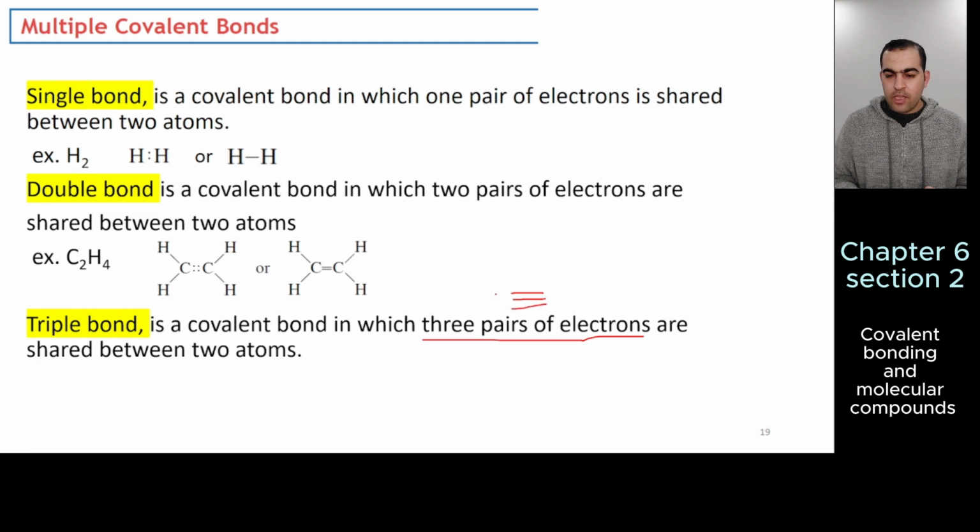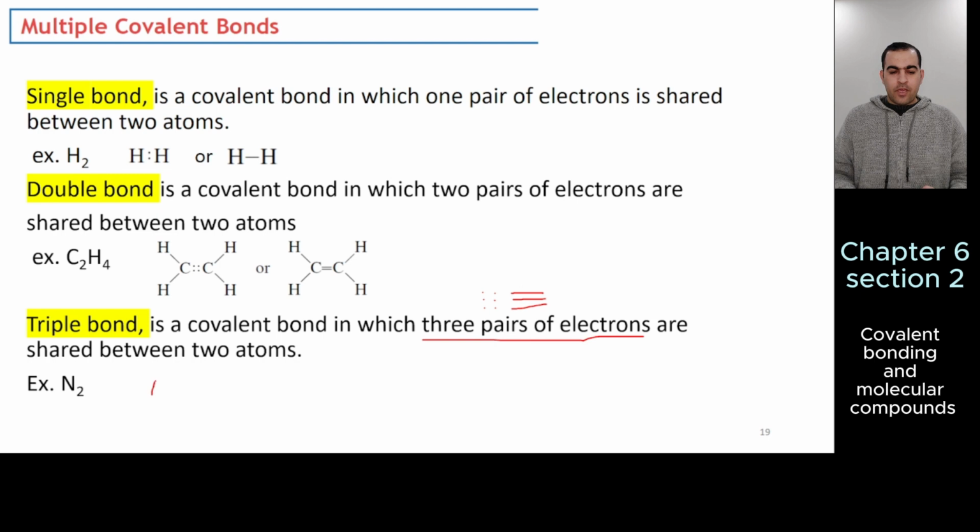Each dash represents 2 electrons, 1 pair. Okay, that's the triple bond. Example, nitrogen. We have a triple bond between 2 nitrogen atoms. N2 is a diatomic molecule, isn't it?